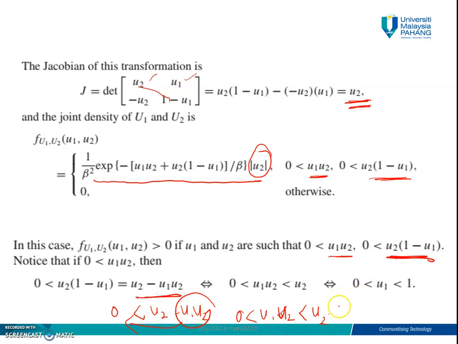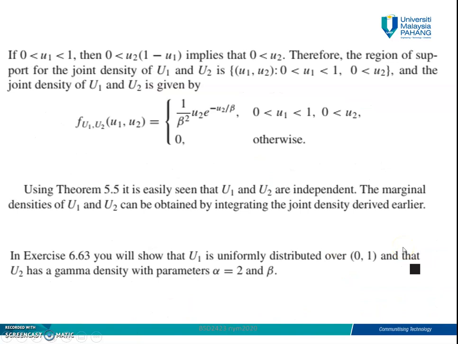In order for you to get u1, from here you bring u2 to the right, so you will get u1 greater than 0, and u2 over u2 is equal to 1. That's why you have this one. If u1 is between 0 and 1, then u2 times (1 minus u1) is greater than 0, so it implies that u2 is greater than 0 as well.